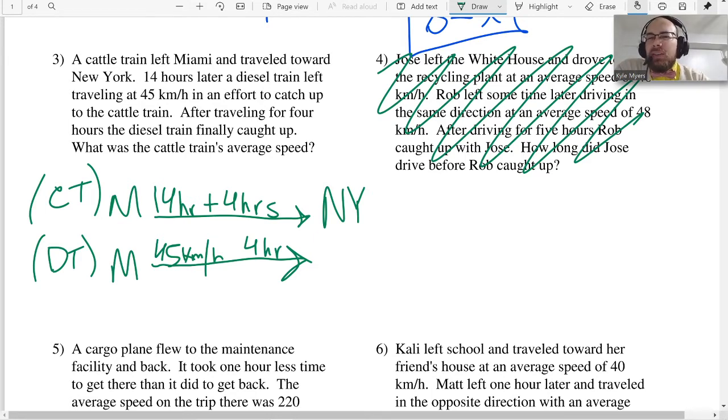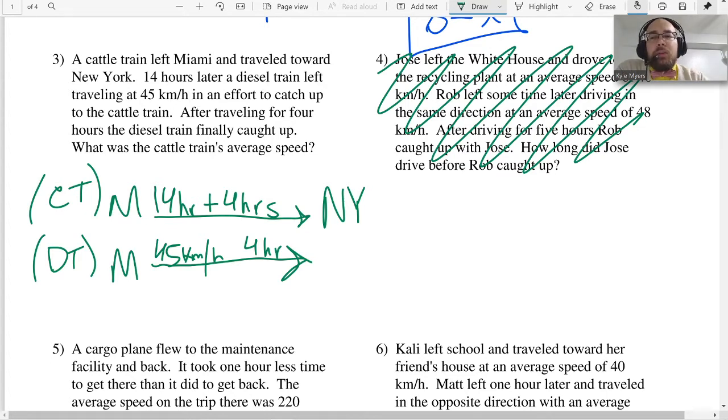Okay, that part's a little tricky. Not gonna lie. But if you think about it, it kind of makes sense, right? So the other one has been chewing along 14 hours, and then the other one gets started, right? So as the other one gets started, the first one, the cattle train, has already been going for 14 hours, right? Then it says after traveling for 4 hours, the diesel train finally catches up, right?